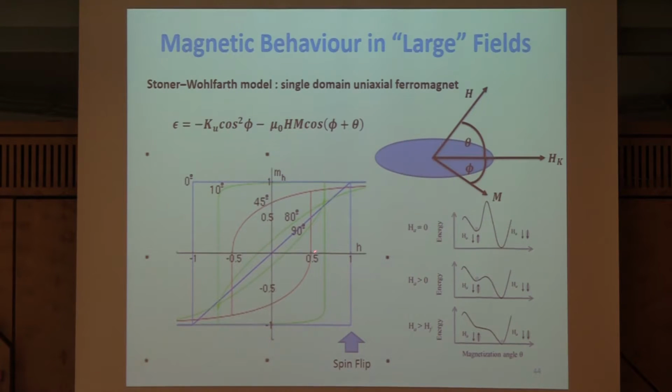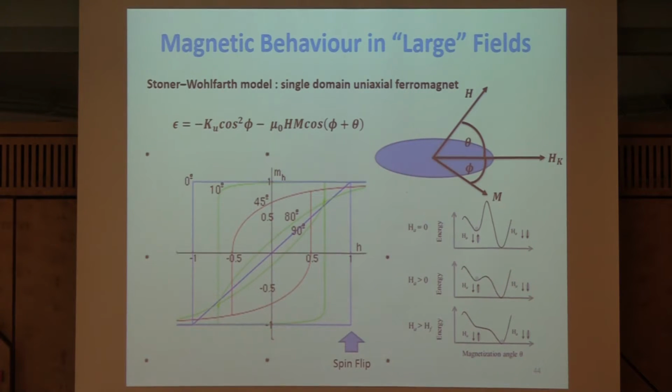And what happens is, if you're at 90 degrees to the easy axis, then the moments just simply rotate around. You're just fighting against the uniaxial anisotropy, and the field goes up, reaches saturation. If you take it down again, there's no hysteresis, it goes down, goes to negative field, it does exactly the same thing.